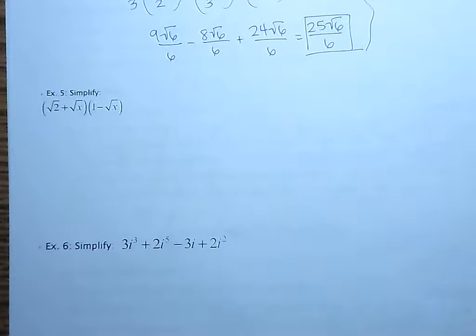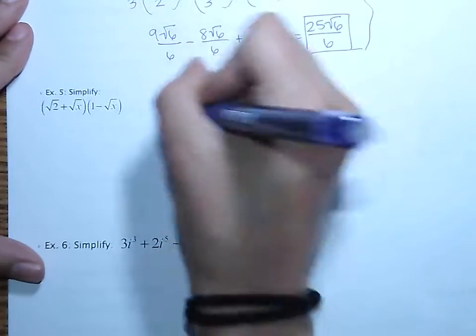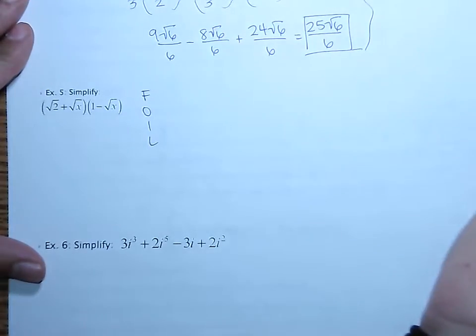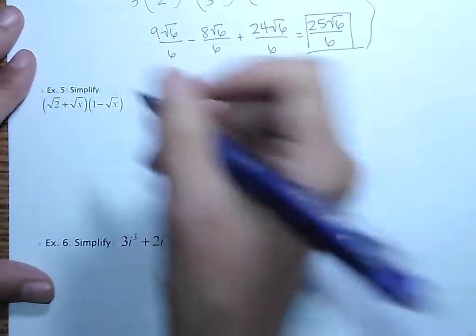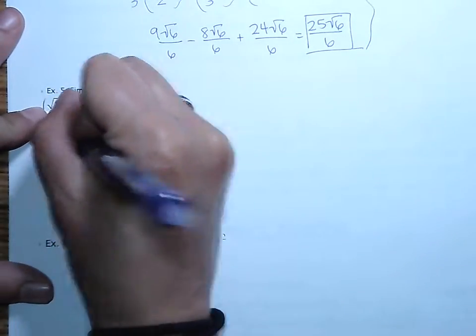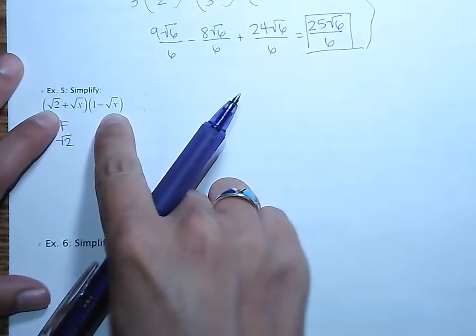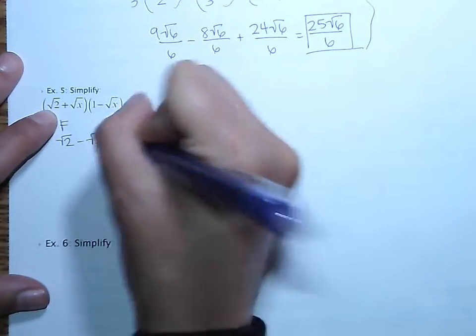All right, just 2 more problems. So we have 2 binomials, so we can do FOIL, in case you forgot. First, outer, inner, last. Let's write it horizontally. So first is root 2 times 1. That's just root 2. Outer is root 2 times negative root x. So that is negative root 2 times root x.